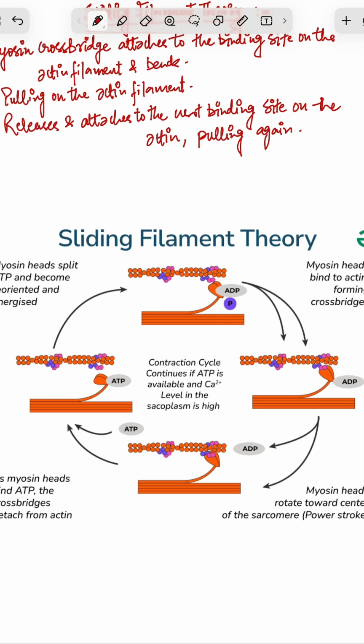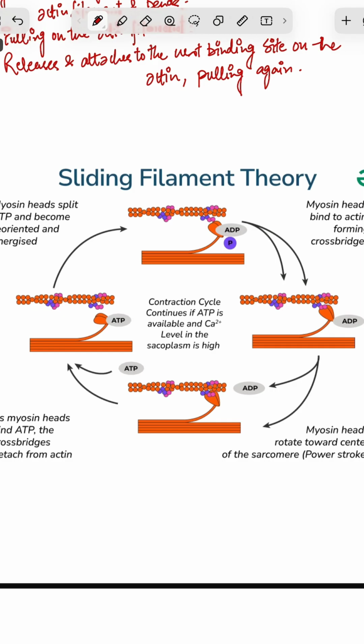Now the things we need to notice are the changes brought during contraction: the I band gets shortened, the H zone disappears, the A band remains constant, and sarcomere length decreases. You need to remember that filaments do not shorten, they slide. In this process, ATP is very crucial. Calcium plays a regulatory role and A band length remains unchanged.